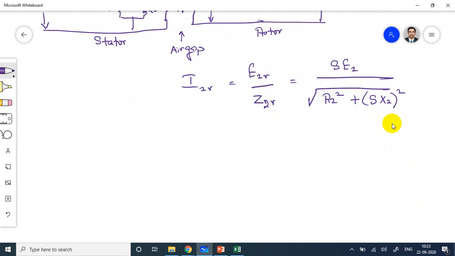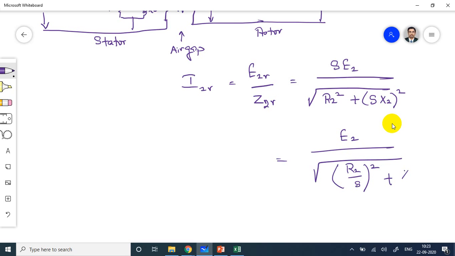Again we can write this equation in another form, E2 by square root of R2 by S whole squared plus X2 squared. We can write in this form also.